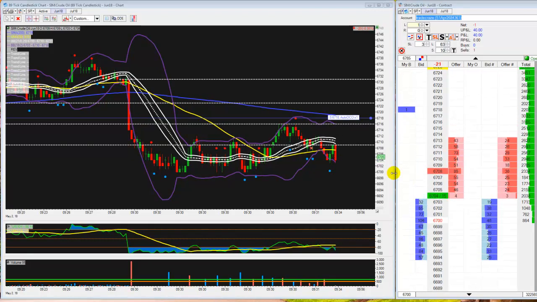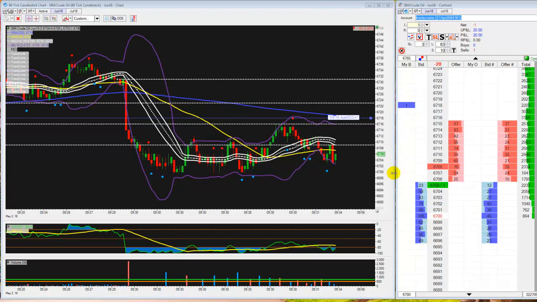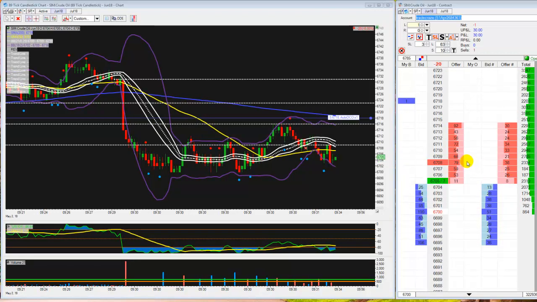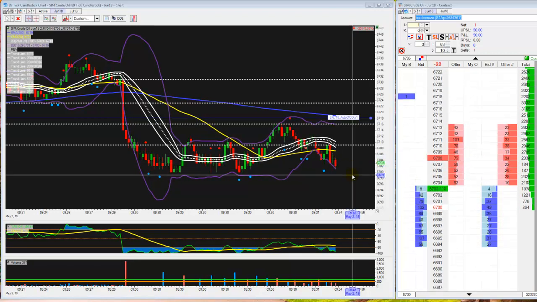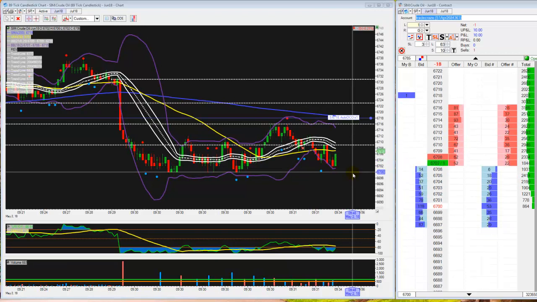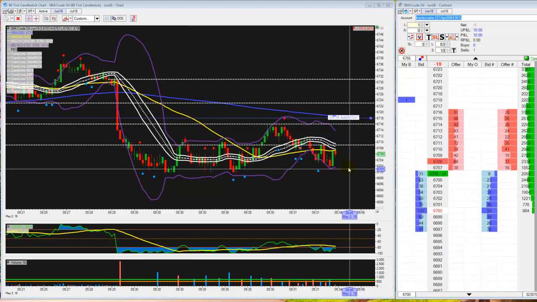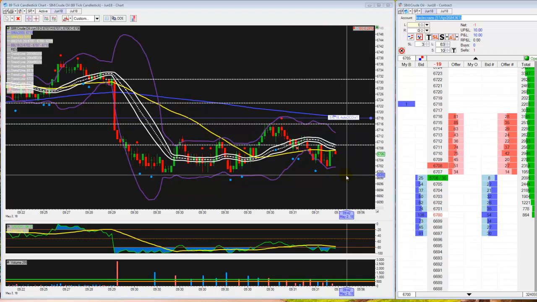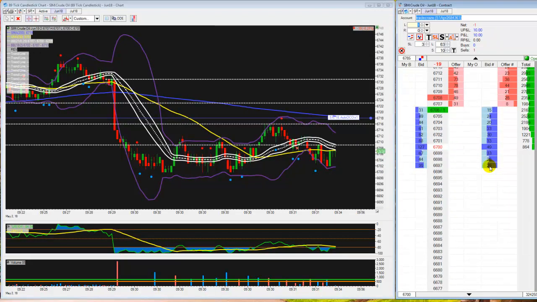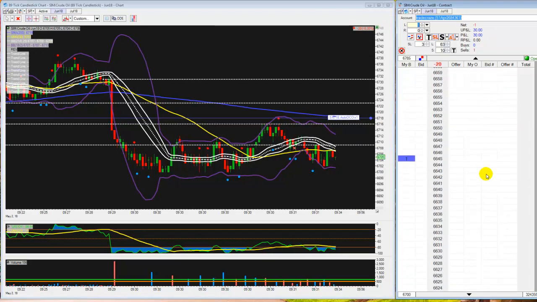Initial target 66.87. A 3P target 66.45. 66.24 is our Gann. That's what we're going to hunt for. 66.24.